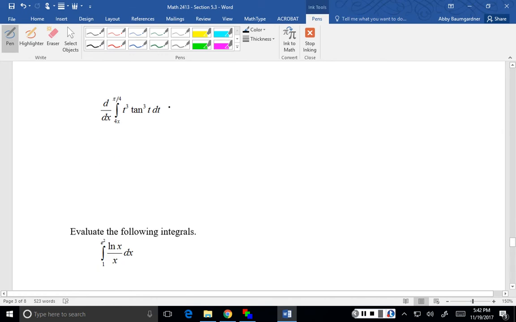Okay, again, wrong position. So we have to negate it so that we can flip-flop these. We should be good. We just evaluate at this upper bound. So 4x cubed tangent cubed of 4x. Excuse me, but then you have to come back and multiply by the derivative of the upper bound.